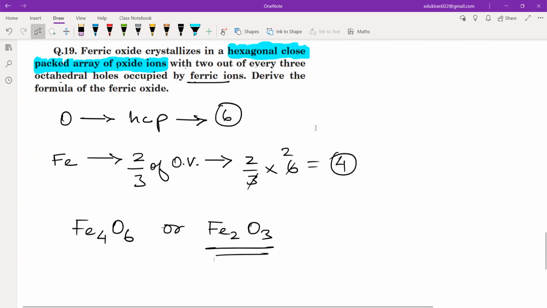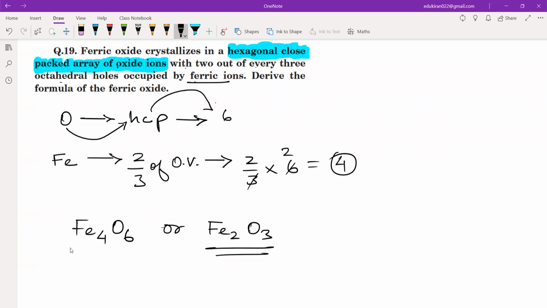Okay. Can you explain the first part? Which part? Can you please turn the mic on, Abdul Rahman? Yes, sir. हाँ बताइए, क्या दिक्कत आ रही है इसमें आपको? HCP and oxygen. What don't you understand? Are you not understanding that oxygen is forming HCP, or you don't understand that the number of atoms will be 6? I understand that oxygen has HCP. Acha, oxygen is HCP. Fine. So it is there in the question only, na?